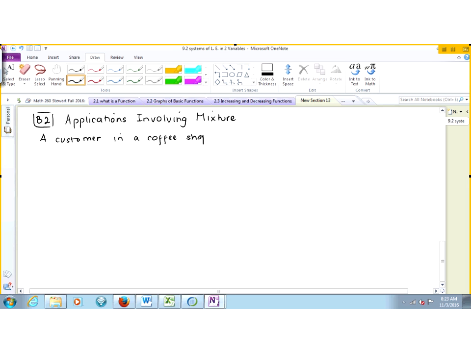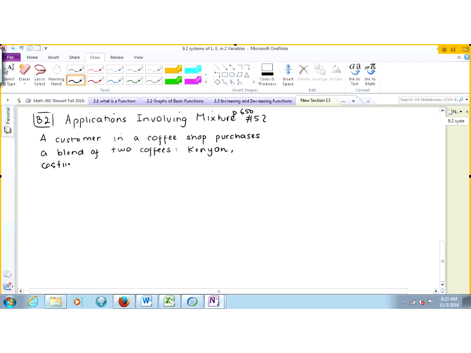So a customer in a coffee shop purchases a blend of 2 coffees. This is number 52, page 650, so later on you can look at it.